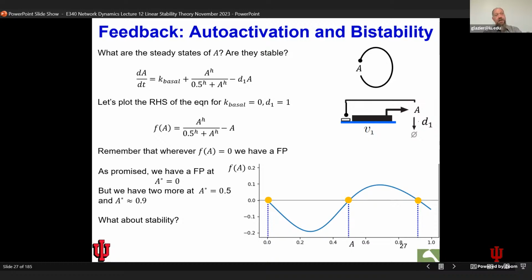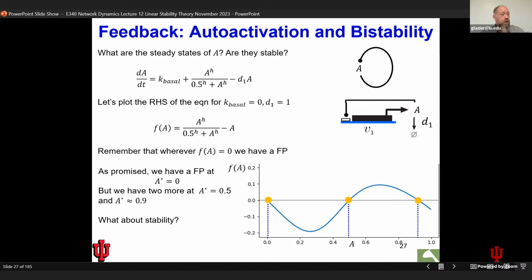So a half is clearly a fixed point. The large one, which is close to 1, is not quite so obvious. That one you have to play with to find. It's a little bit below 1, in this case around 0.9. So I can analytically find the 2 fixed points, 0 and a half, by hand, and then that third one I have to evaluate numerically.